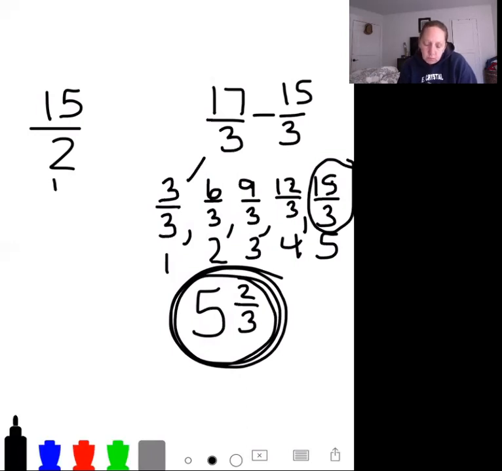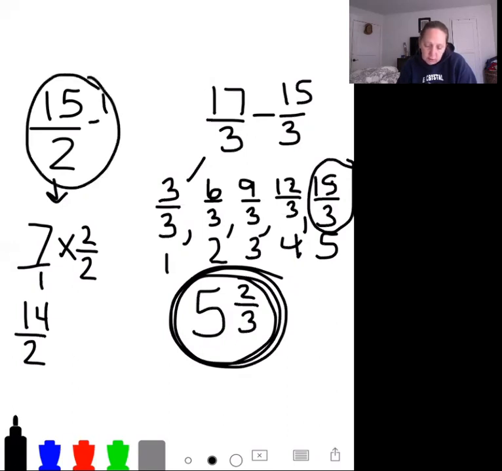Now, on the 15 halves, I can use multiplication because I want to know what times 2 halves. Well, if I say 7 times 2 halves, I really kind of know that that means 14 halves. And if I take that 14 halves away from the 15, I'm going to get 1/2.